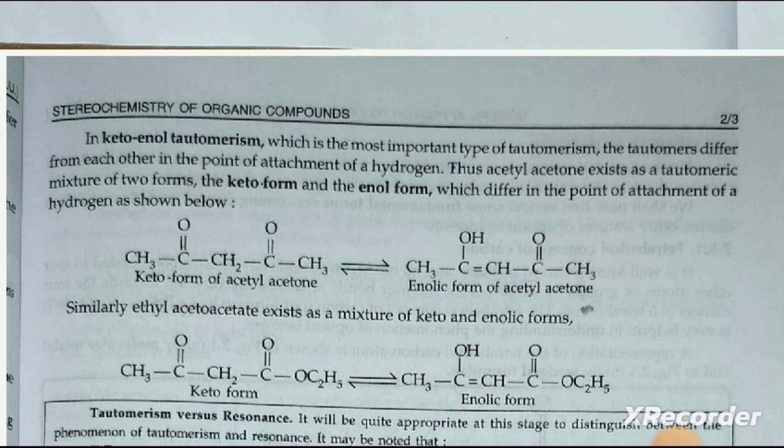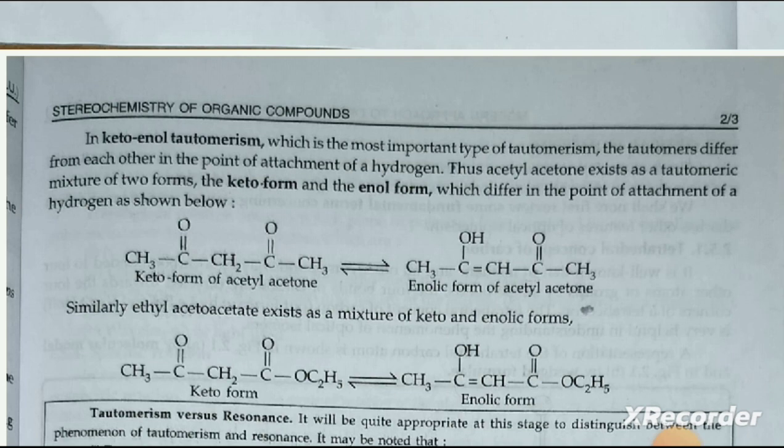CH3 single bond C double bond O single bond CH2 single bond C double bond O single bond CH3 is the keto form of acetylacetone. Equilibrium sign. CH3 single bond C OH double bond CH single bond C double bond O single bond CH3 is the enolic form of acetylacetone.